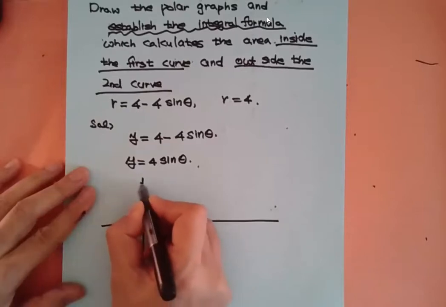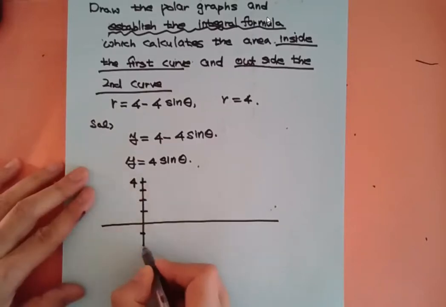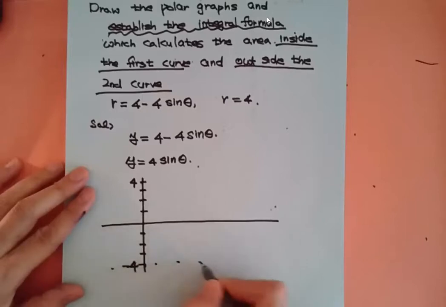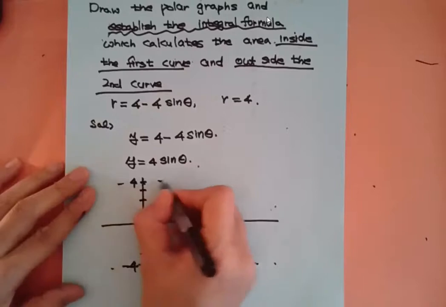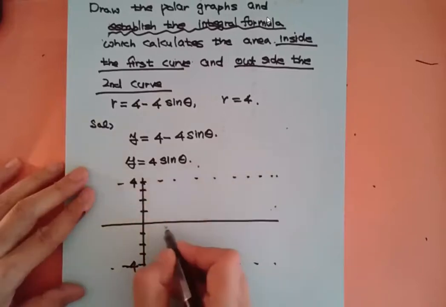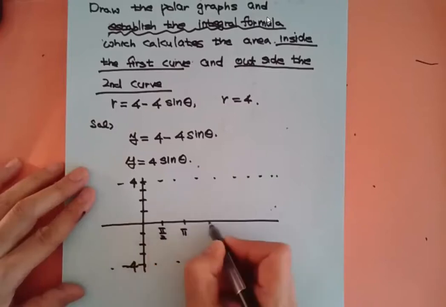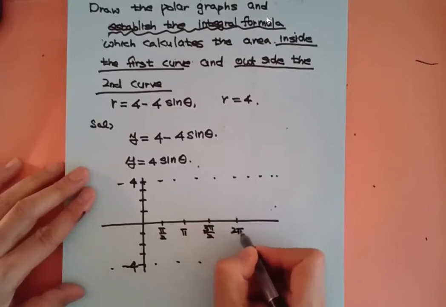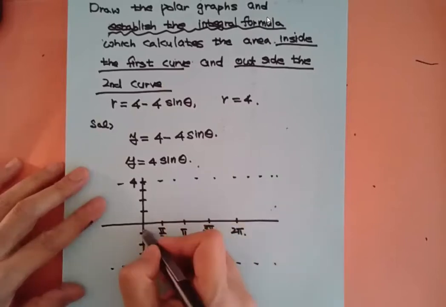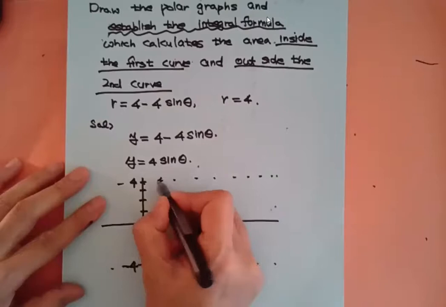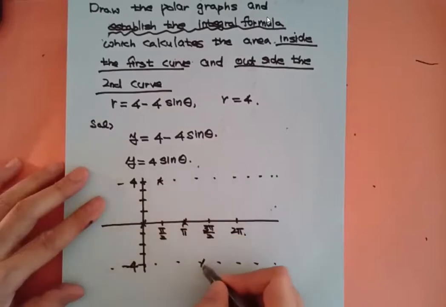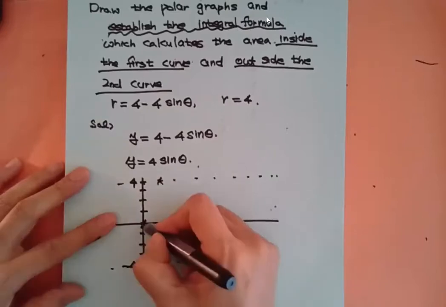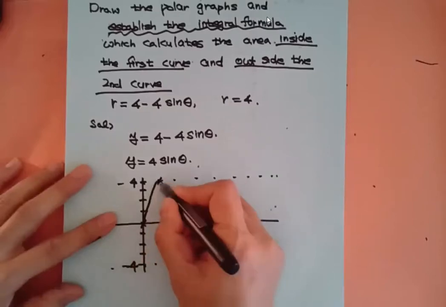So maximum becomes 4 and minimum becomes minus 4. The sine is 0 at the start, so it looks like this.